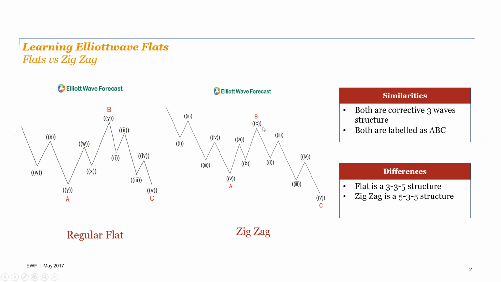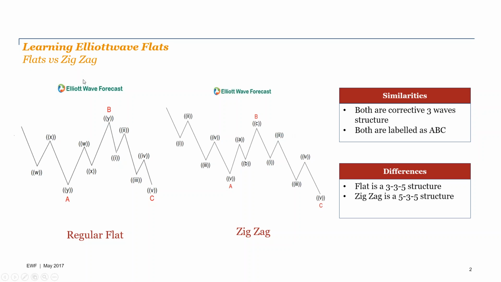So one of the guidelines is that when you suspect you have an ABC structure, your target for the C is going to be about 100% of the A. So that is a ZigZag. It's very simple. What do you get here? A sequence of a lower low, or on the bullish side, a sequence of a higher high.